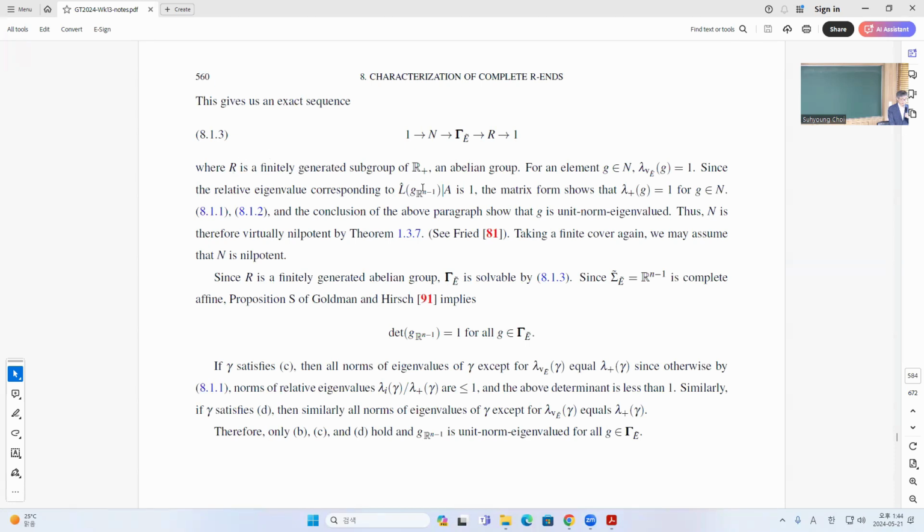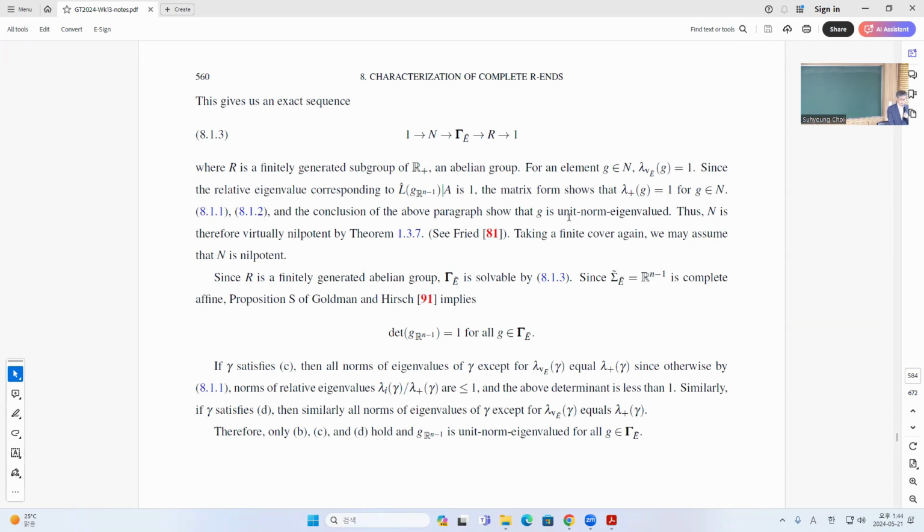R is some finite standard equal R plus, and if you look at the kernel, then it has eigenvalue 1, so lambda plus A is actually going to be 1 for all n.